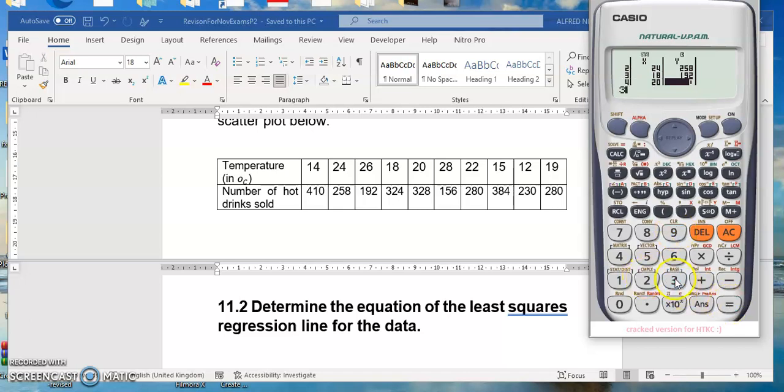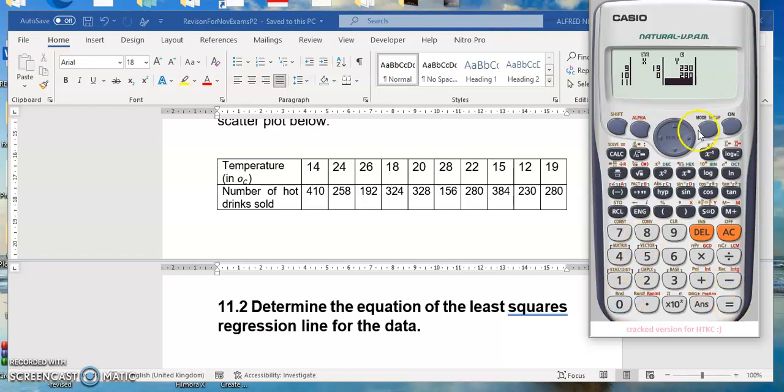Then I will have my 324. Then 328. 156. 280. 384. 230. 280.